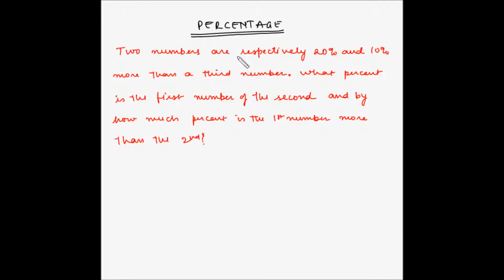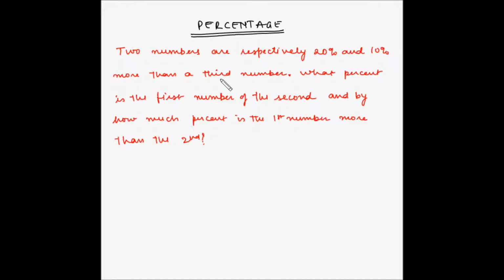Let us look at another example of percentages. Two numbers are respectively 20% and 10% more than a third number. What percent is the first number of the second, and by how much percent is the first number more than the second?